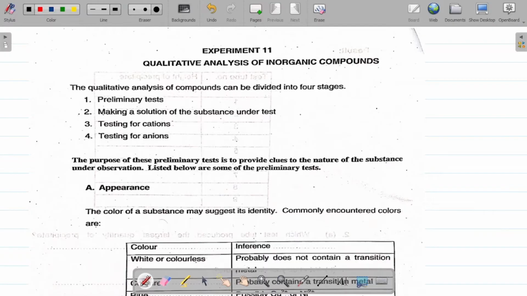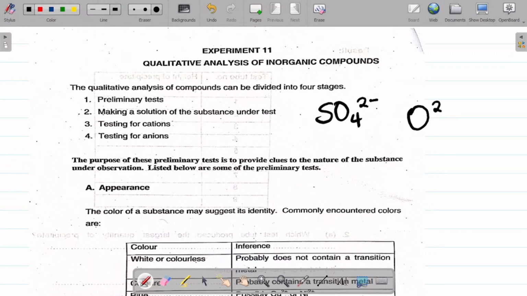Let's look at the next one. Anions are simply ions that have negative charges. When you have an ion with a negative charge, it's called an anion. Example, you have the tetraoxosulfate(VI) ion. This is an anion because it is negatively charged.